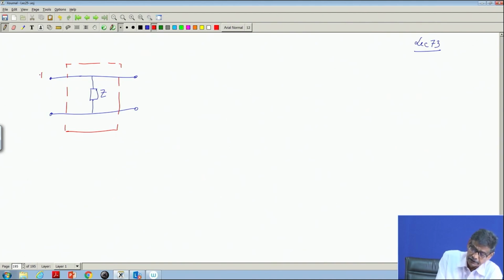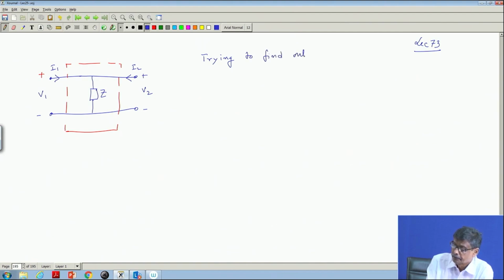You see, this one is the convention for I1, and this one is the convention of the two port network. I will always maintain it like this, and I am trying to find the z parameters of this network.